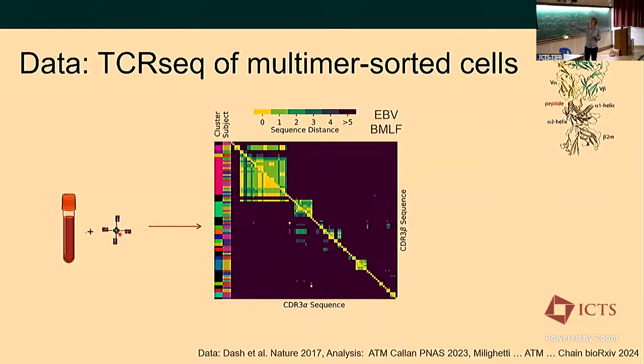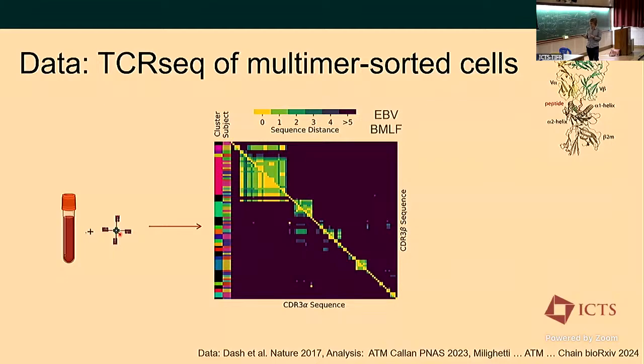You take a blood sample where you have some cells in there, and then you sort out the cells that have binding specificity to your particular probe, and then you sequence the hypervariable regions of the receptors of these cells that you obtain.